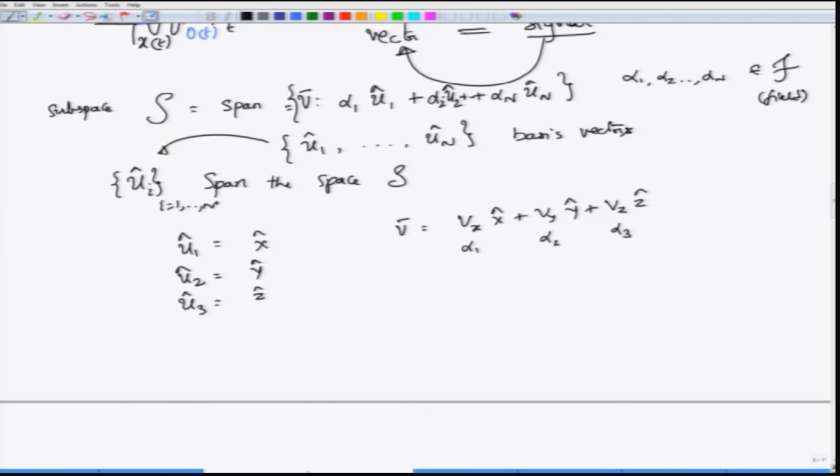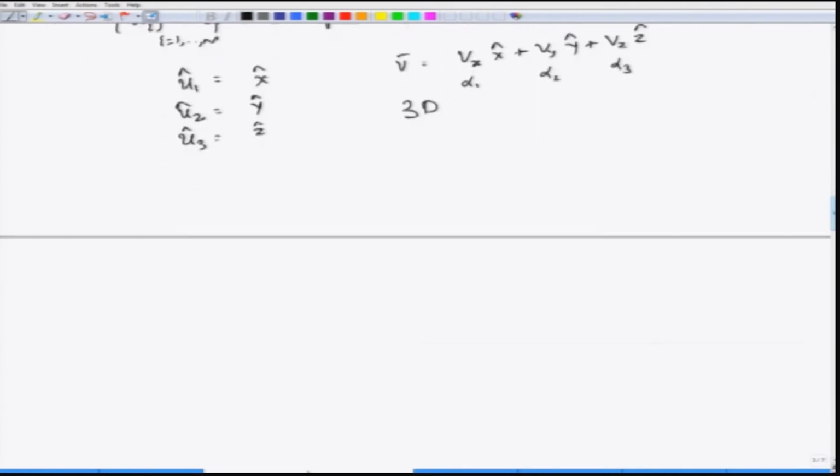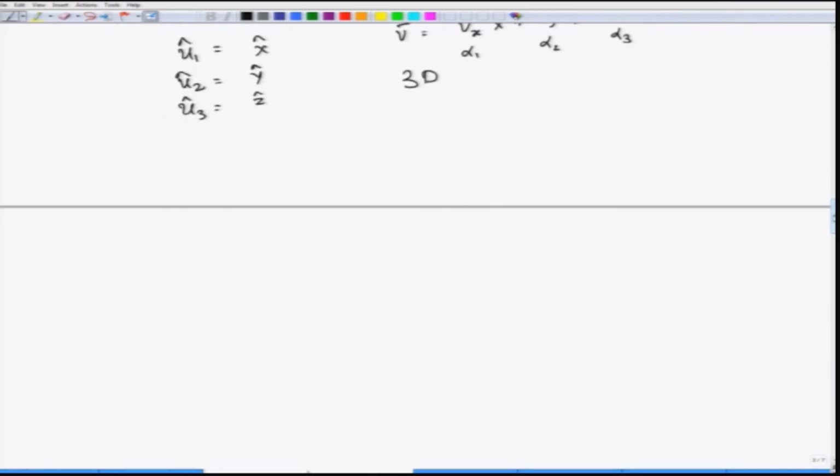Here vx is alpha 1, vy is alpha 2, and vz is alpha 3. And a collection of such vectors v forms the 3-dimensional coordinate space. The rectangular 3-dimensional space is spanned by these basis vectors. X hat, y hat and z hat become the basis vectors, because any other vector can be built up on the basis of these vectors.